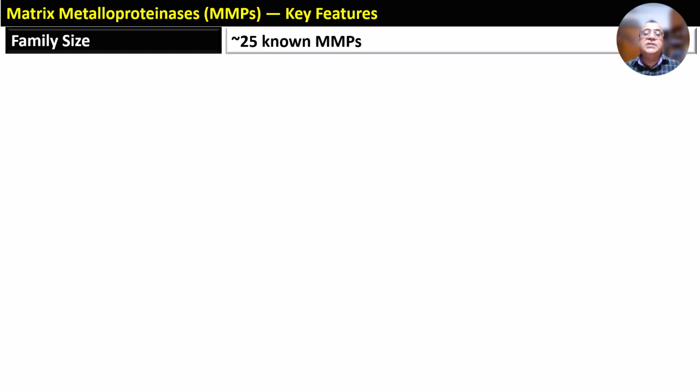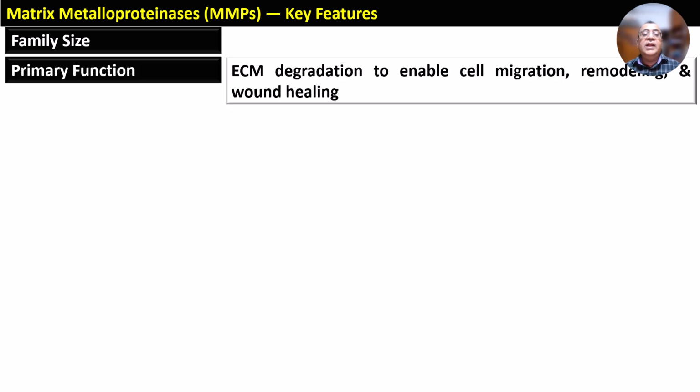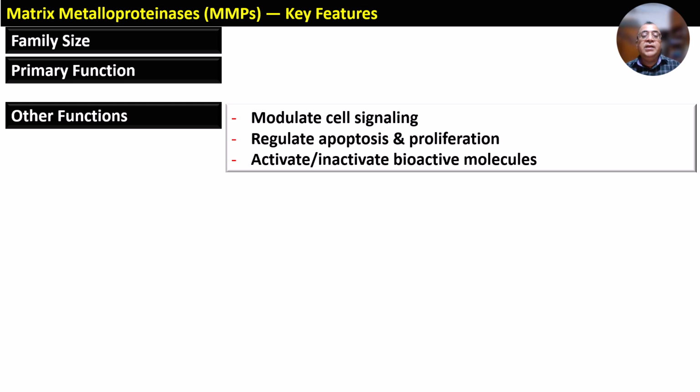About 25 matrix metalloproteinases are identified, and they are responsible for degradation of the extracellular matrix to enable the migration of the cell, remodeling, and wound healing. Their other functions are to modulate the signaling of the cell, regulate apoptosis and proliferation, or activate or inactivate the bioactive molecules.